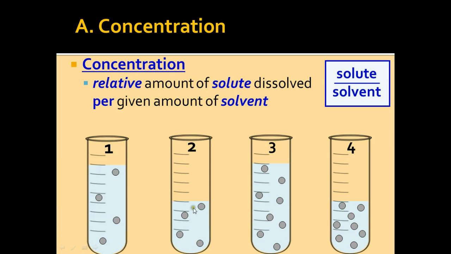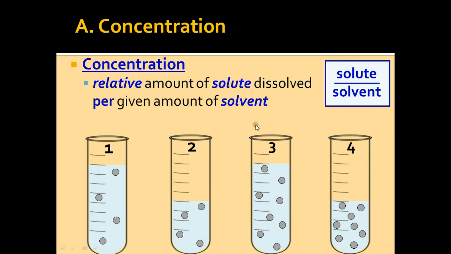Then we have test tube 3, which has 8 dots and 8 hash marks. So the ratio of solute to solvent is 8 to 8, or 1 again. So technically 2 and 3 have the same concentration, even though they have a different amount of water and solvent.